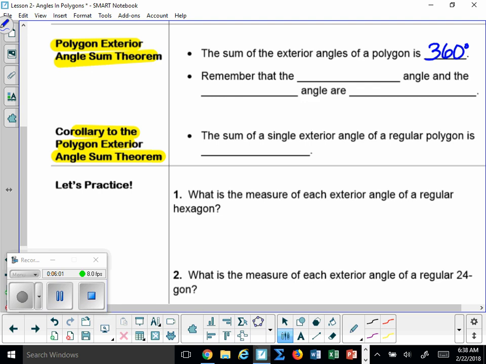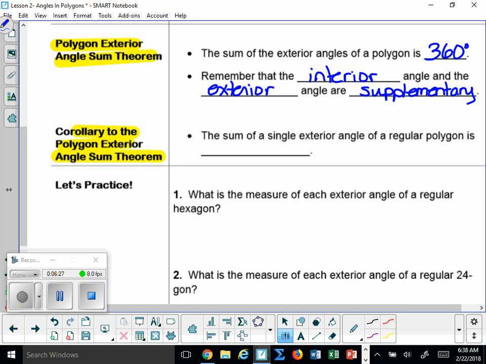That one's easy. Remember that your interior angles and your exterior angles form linear pairs and are therefore supplementary. Basically, that means I can give you an interior angle and you can still figure out the exterior, or I can give you the exterior and you can still figure out the interior.